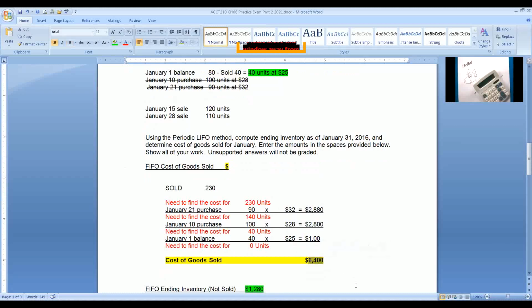So the total will be 1,000 plus... What's the square root button? Okay, so 2,880 plus 2,800 plus 1,000, missing a 0. 6,680.